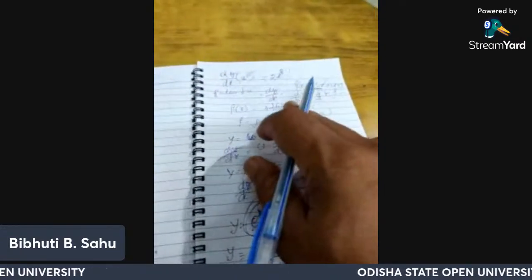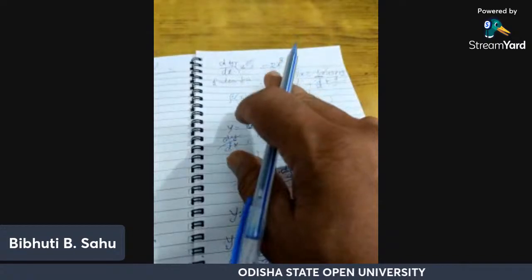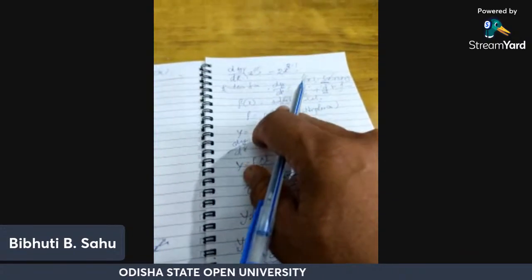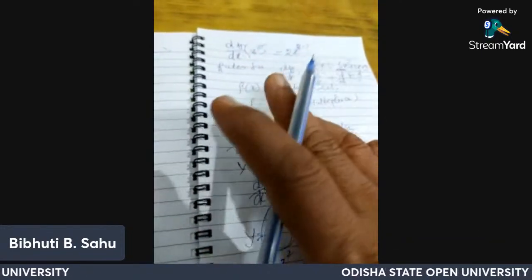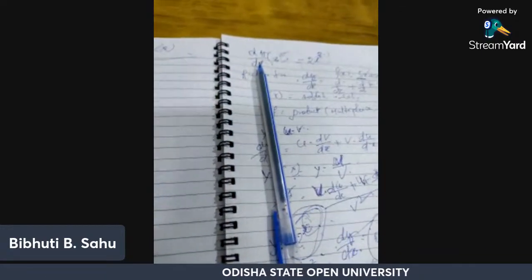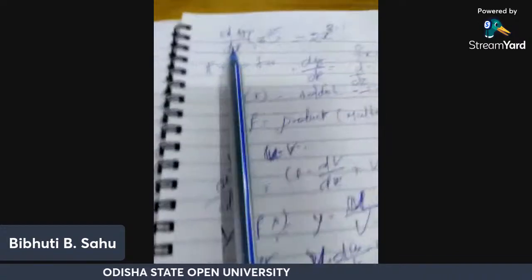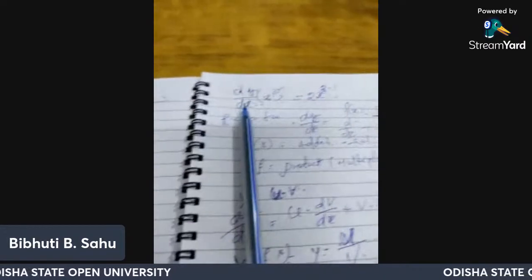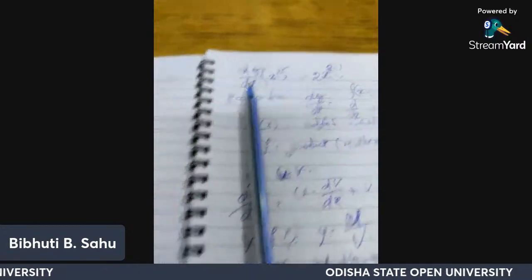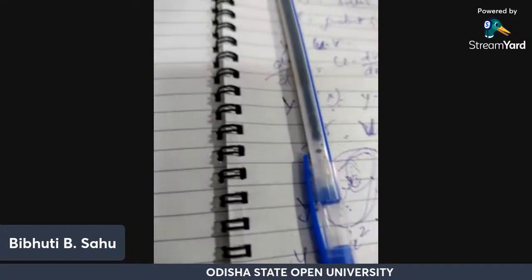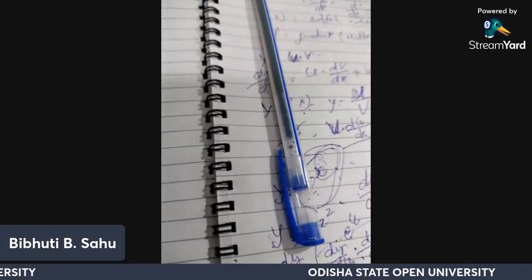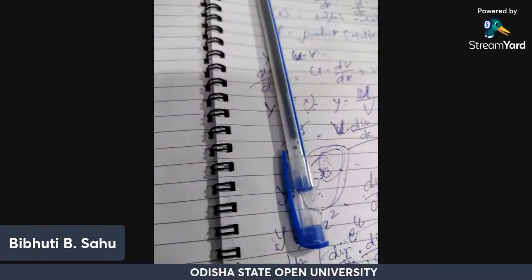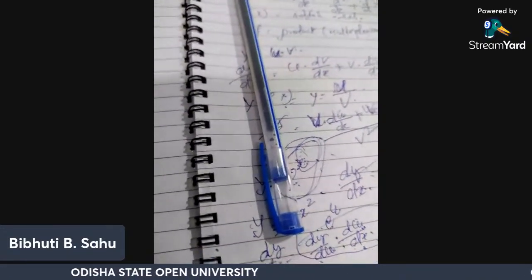We can find out the derivatives for the product rule, for the quotient, for the logarithmic functions, for the trigonometric functions, and likewise. So by applying these rules, we can find out the different values or differential coefficients for the different types of functions.